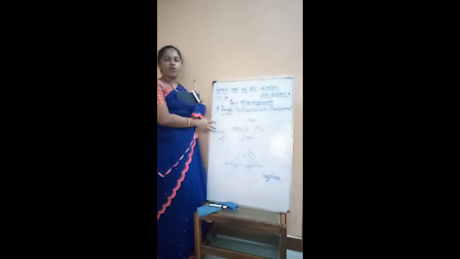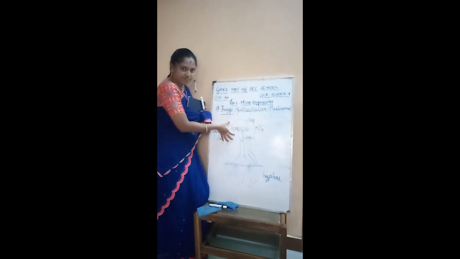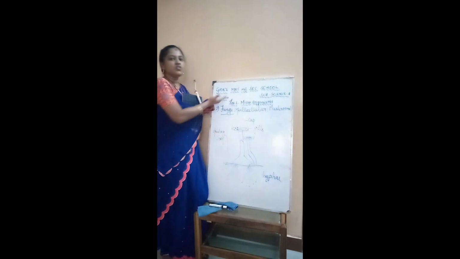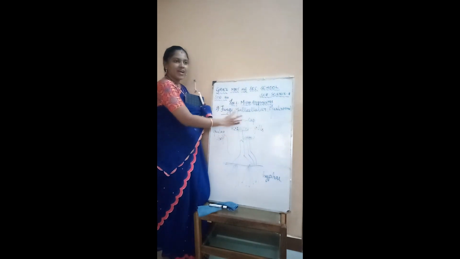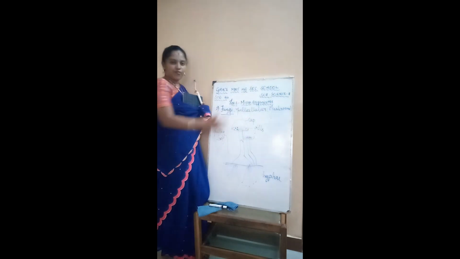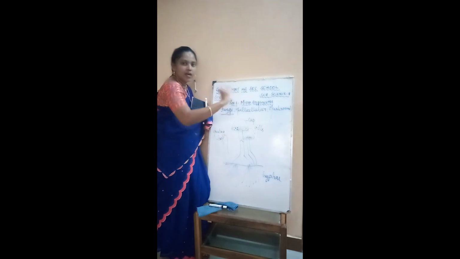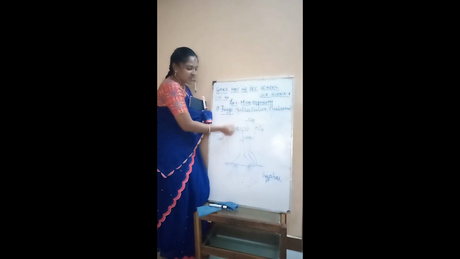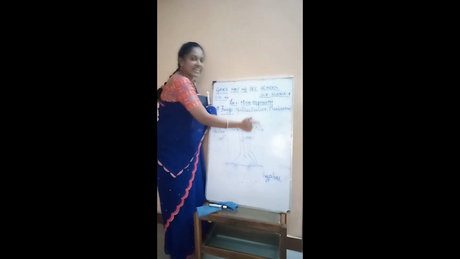So once again, let me recall this mushroom structure. First, the part of the fungi which is seen above the soil is called the fruiting body. You could see the umbrella-like structure, which is called the cap of the mushroom. Just below the cap, you could see some slit-like, branch-like structures. They are called gills.